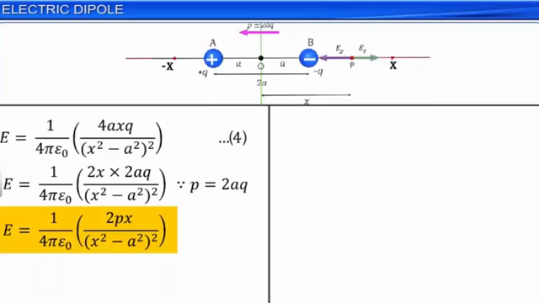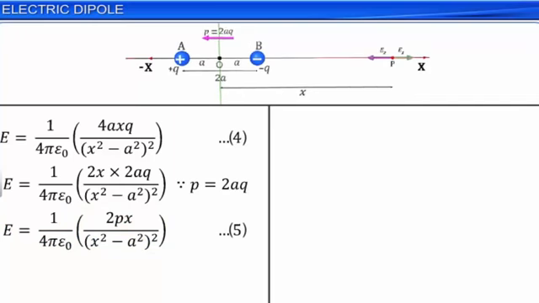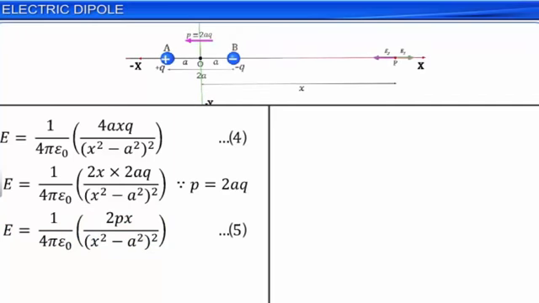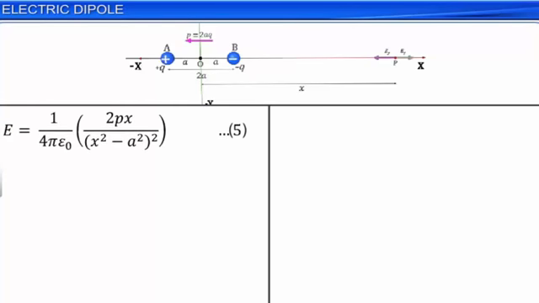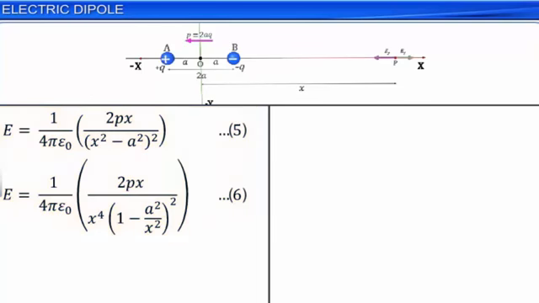When the point P is at a very large distance from the center O, then x is very large compared to a. Then, writing the expression 5 as in equation 6, and neglecting the term a square by x square for x which is very large as compared to a, in equation 6 and on further simplification, we get E is equal to 1 by 4 pi epsilon naught, 2px by x power 4.